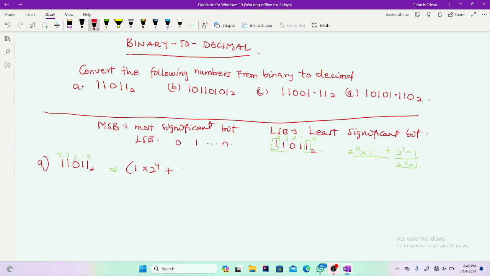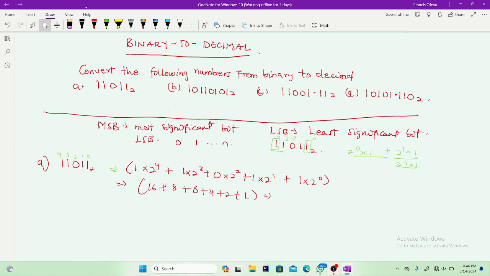Then the next one is 1 times 2 to the power 3, plus 0 times 2 to the power 2, plus 1 times 2 to the power 1, plus 1 times 2 to the power 0. So 2 to the power 4 is 16, 2 to the power 3 is 8, plus 0, plus 4, then 2 to the power 1 is 2, and 2 to the power 0 is 1.